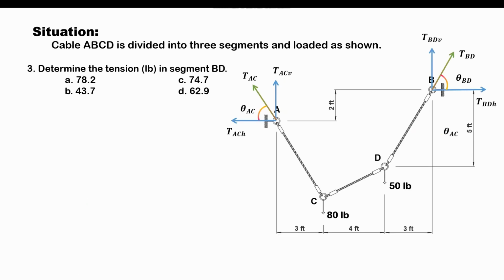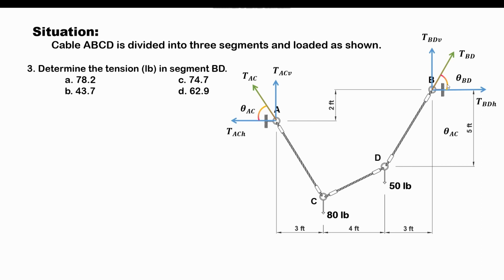Let's now proceed to computing question number 3. In this item, we are asked to compute the tension in segment BD. If you look at the FBD of the whole structure, there are various ways to compute the tension of this segment.